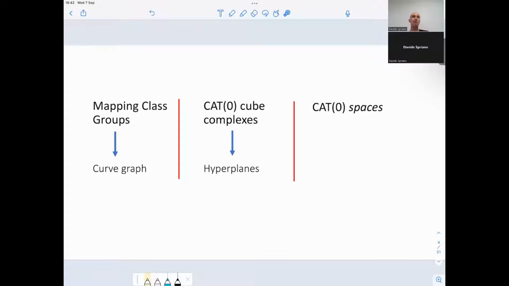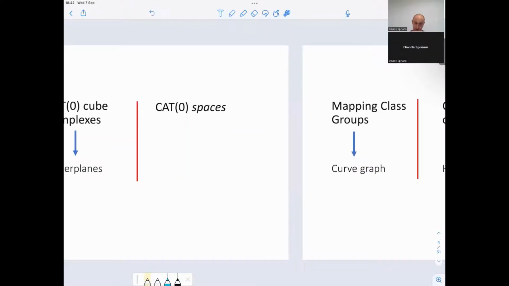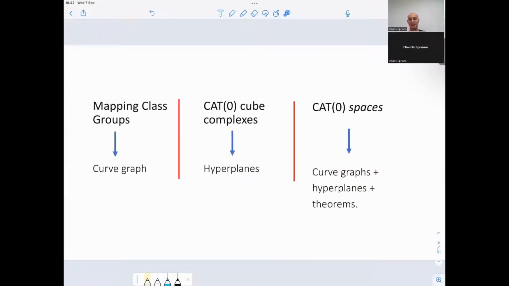For this reason, although CAT(0) spaces are very classical and very well studied, in recent years they got slightly less attention because we didn't really have those tools. So the goal of this talk is to develop some curve graph-like objects, some hyperplane-like objects, and try to convince you that those really are good objects by proving some theorems about them.